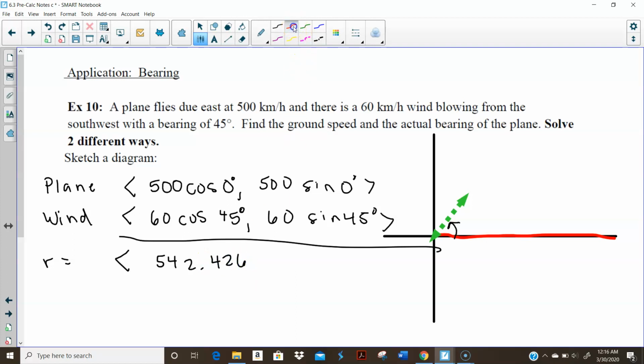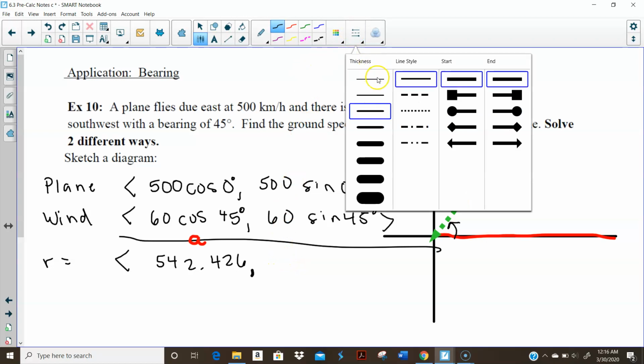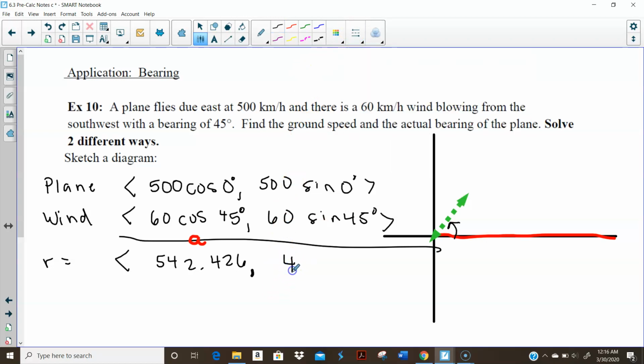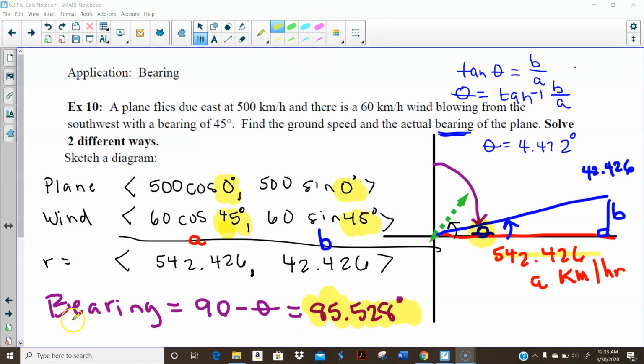Now what I recommend is go ahead and store that as A. Then you'll put into your calculator 500 sine of 0 degrees plus 60 sine of 45 degrees. After you put that in, you're going to get 42.426. And put that into your calculator, store it as B.